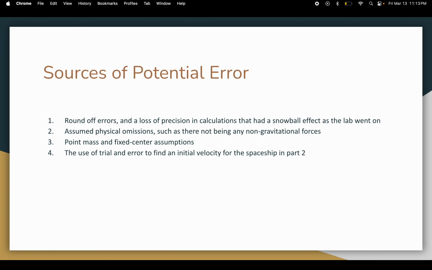And then 3, we assumed that all masses were point masses and had a fixed center, which definitely would have caused error because that's not accurate to real life or the simulation. And then 4, the use of trial and error to find an initial velocity for the spaceship in part 2 most likely caused error due to the wide range of potential initial velocities you could have used.